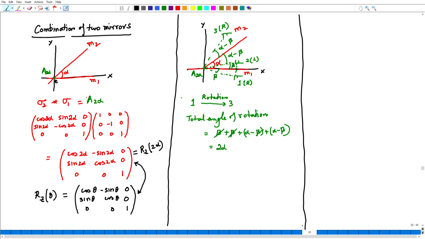Therefore, not all values of alpha would be allowed, and the reason is that only crystallographic rotations are allowed.